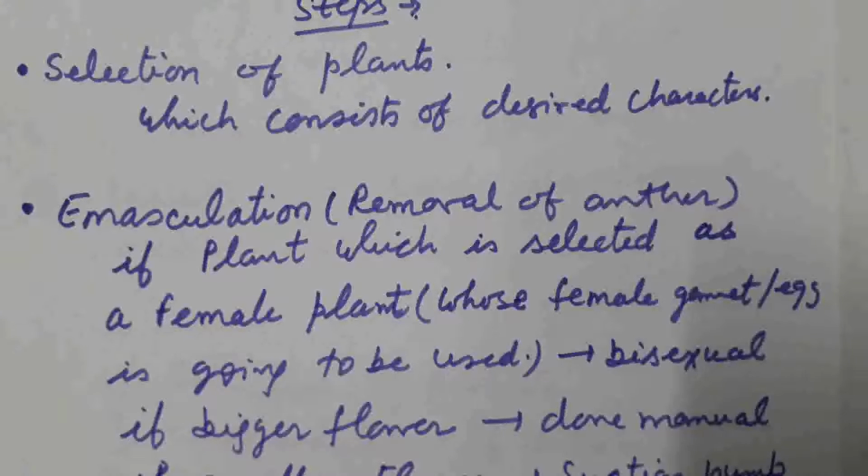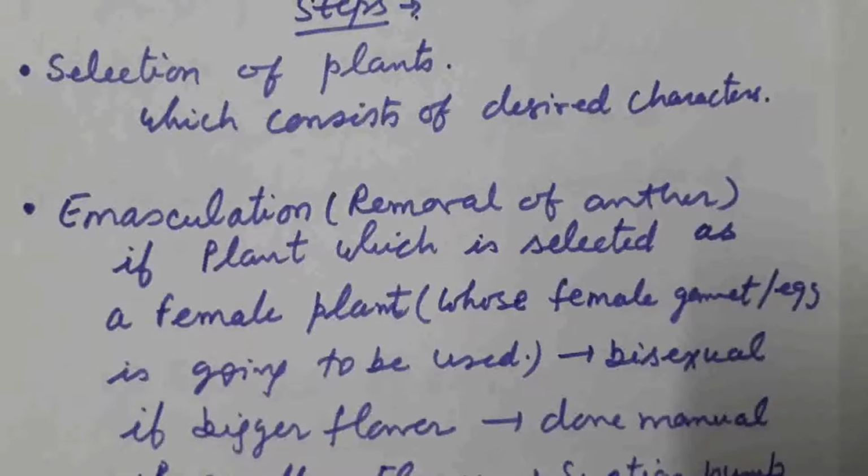If the flower is quite big, as in the case of China rose, the stamens are clearly visible, so we manually remove the stamens from the flower.